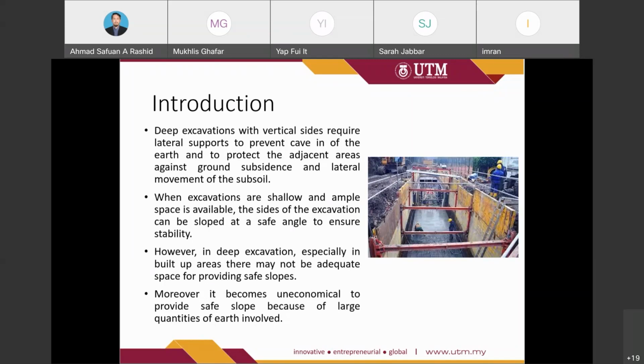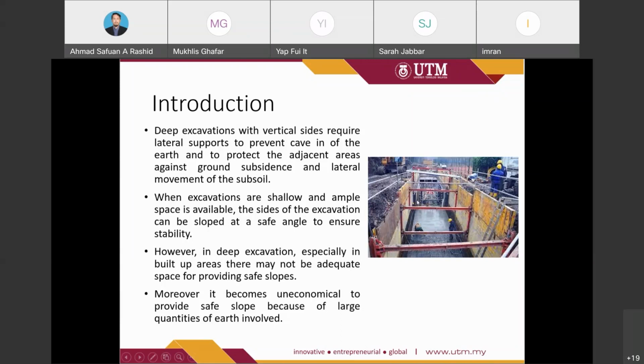In that case, the use of a bracing system could overcome this, to prevent the site from collapsing.